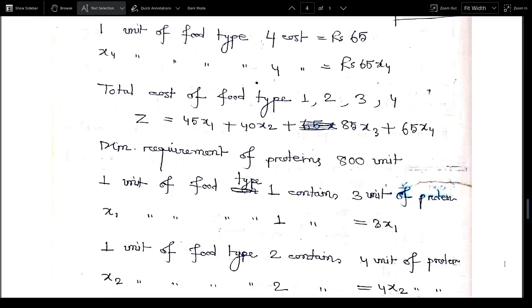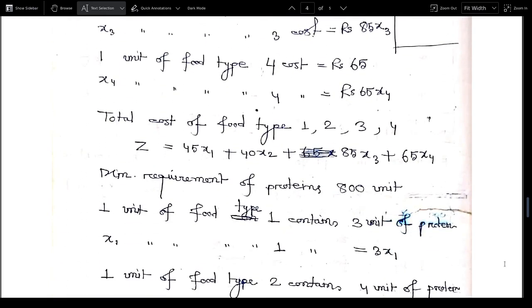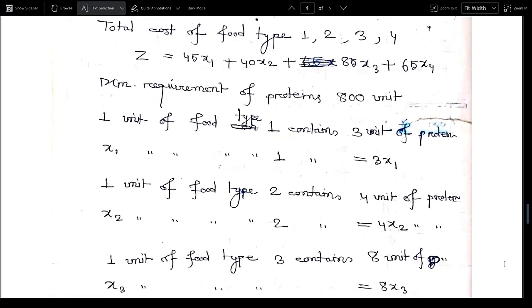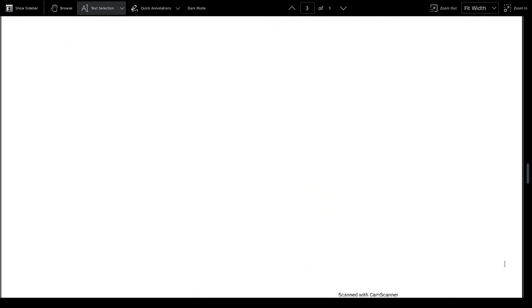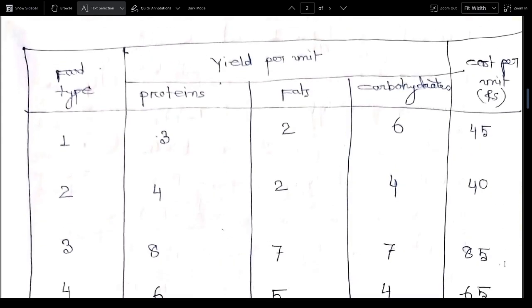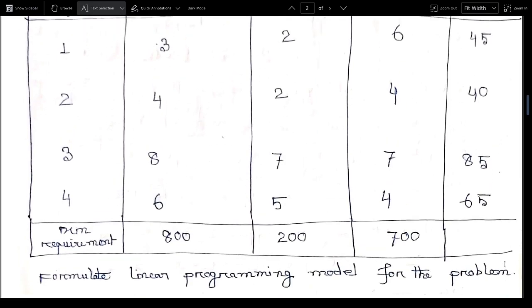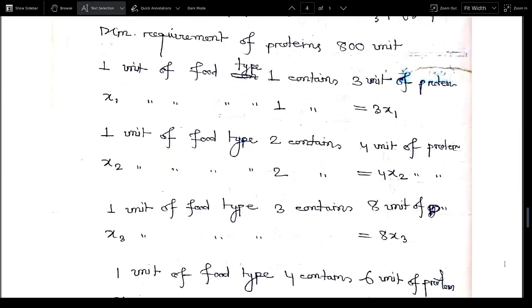So next, what is given? These are the restrictions. In the table you see the minimum requirement. So the minimum requirement for protein is 800, fats is 200 and carbohydrates are 700. So these are the constraints, means what? This is the restriction, you'll remember.